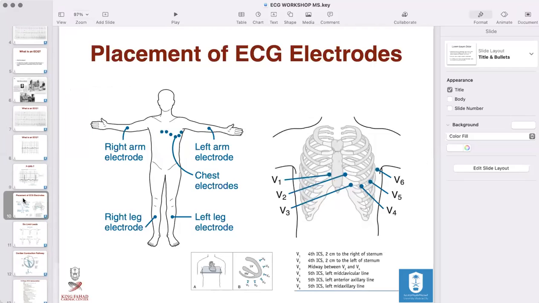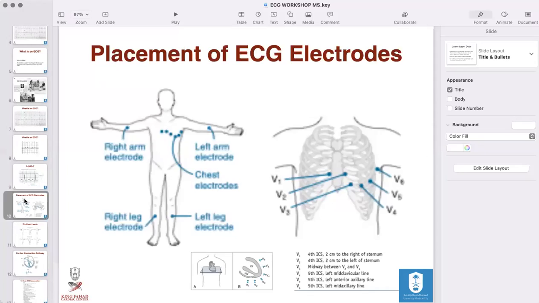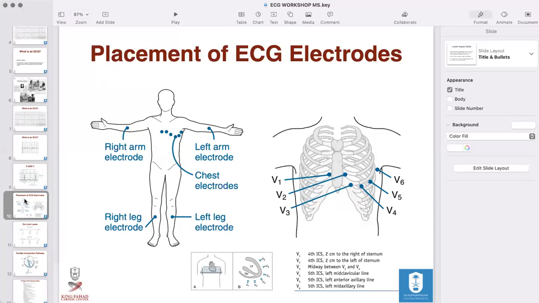Okay, so how are those voltages formulated? As you saw, there are different morphologies for each lead, and it just gives you a view of each part of the heart. For the limb leads, there are 4 electrodes: right arm, left arm, left leg, right leg.